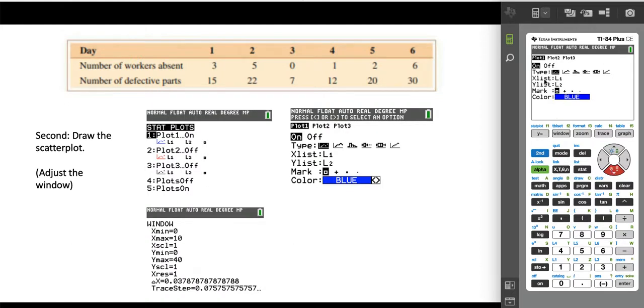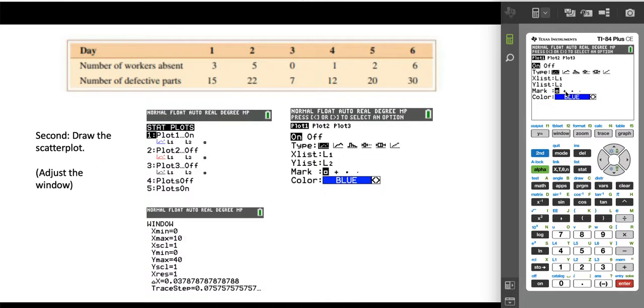So this is what I was talking about before. List 1 is your independent variable, and list 2 is your dependent variable. You expect that the number of defective parts is dependent on how many workers are absent. That's what you're actually testing. You can make the mark whatever you want. I chose the square, but you can choose a plus sign if you want. It doesn't matter. And press enter.